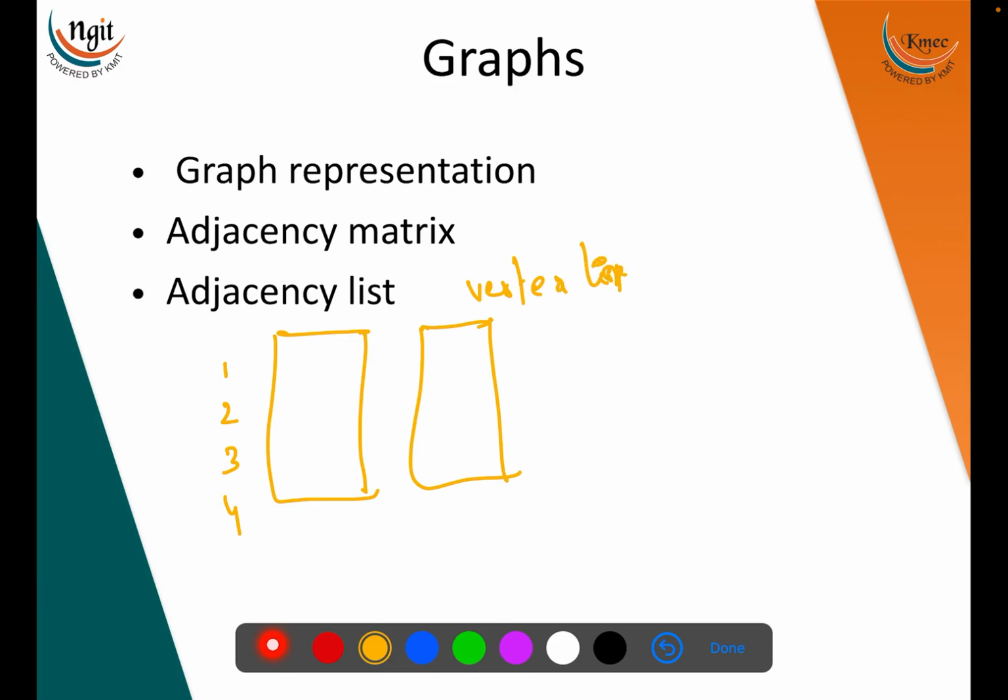Now 1 is having link with what? 1 2 3 4. This is what our base graph, right?